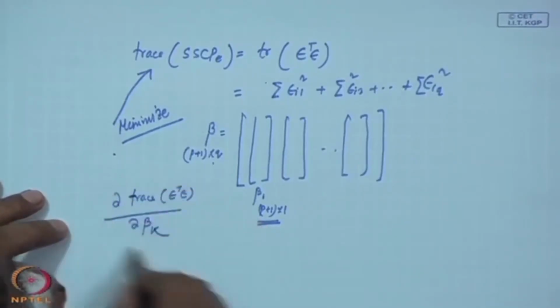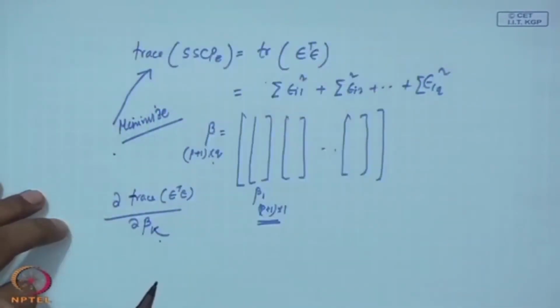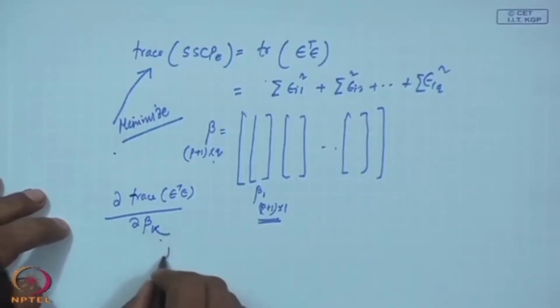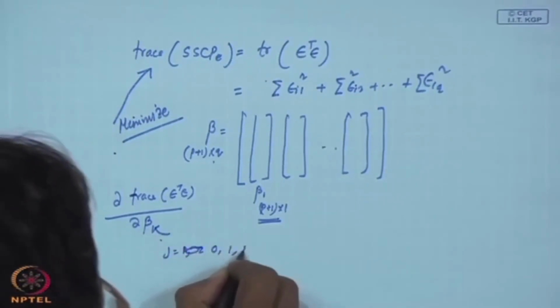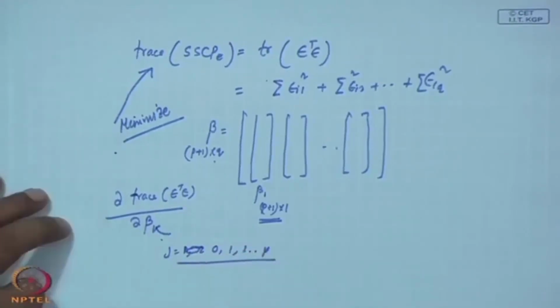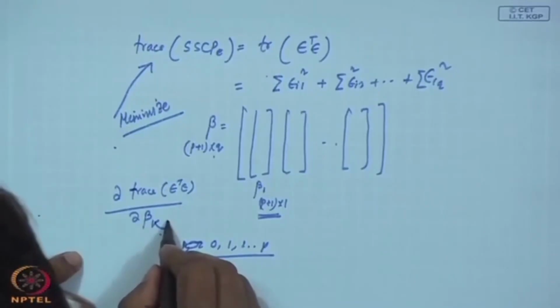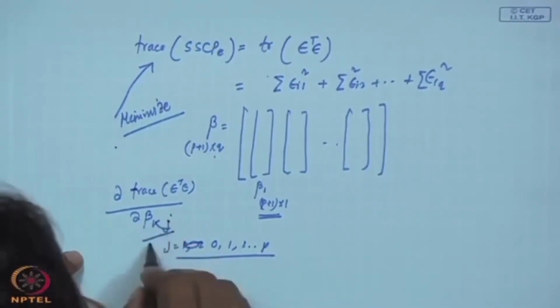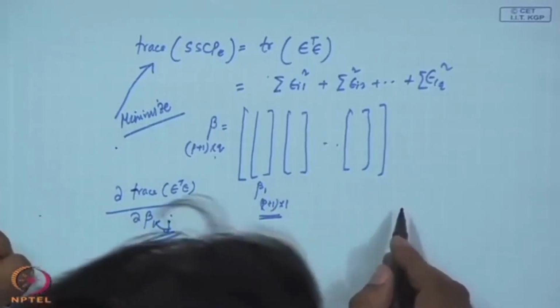Now by saying this, if I say beta k, then it is coming to the univariate case. So beta k, actually again you have j equal to 0 to p, the number of independent variables. So ultimately beta kj will come. So this thing you will put into 0.